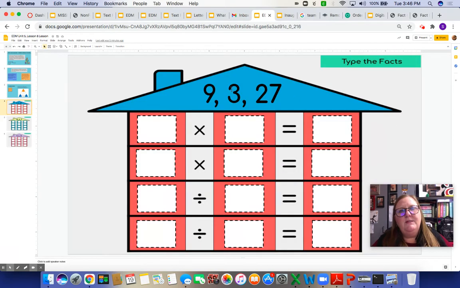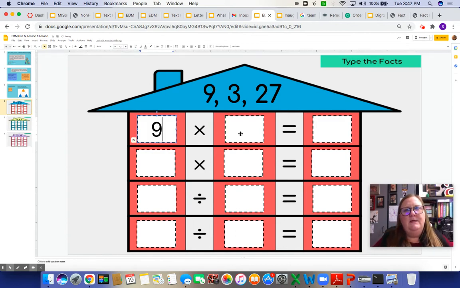You have the numbers 9, 3, and 27. Remember, the biggest number is going to be the answer, or the product, for your multiplication problems. So you're going to click in the box and type 9 times, click in the next box, 3 equals 27.